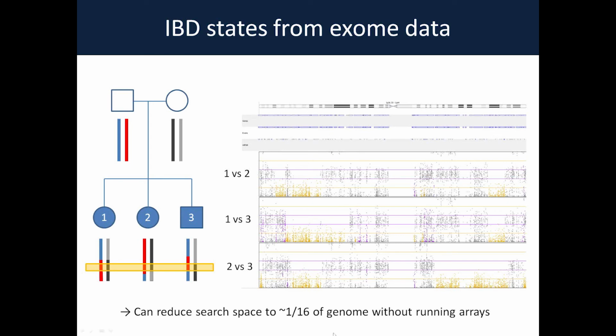Again, this is real data where we have 3 affected kids, and we think it's probably a recessive mechanism. So your candidate regions are where both parental chromosomes are shared in all 3. Theoretically, you should be able to reduce it to about 1/16 of the genome. Doing this subtraction of the allele frequency scores, again showing chromosome 1, we can very quickly pick out the IBD sharing regions.